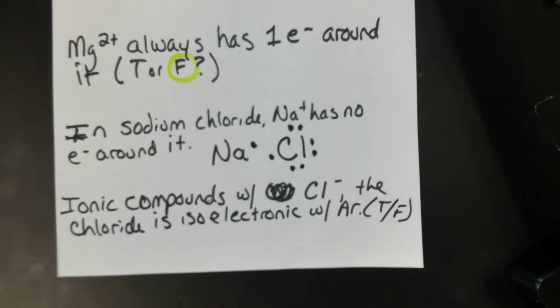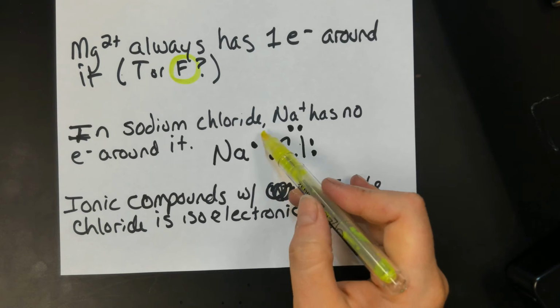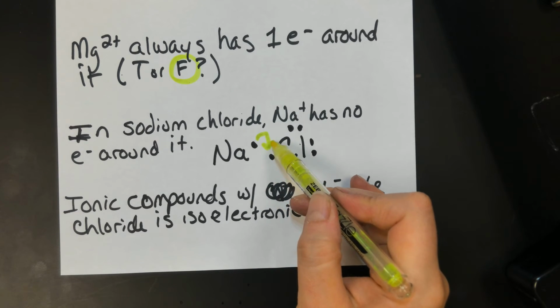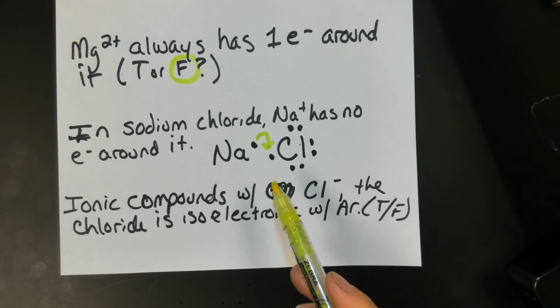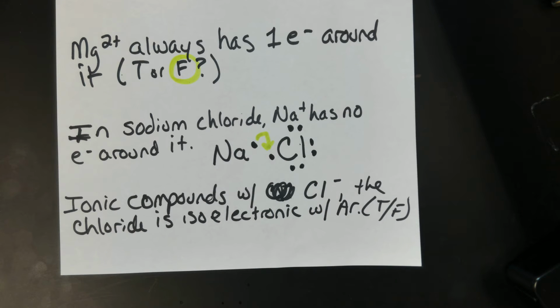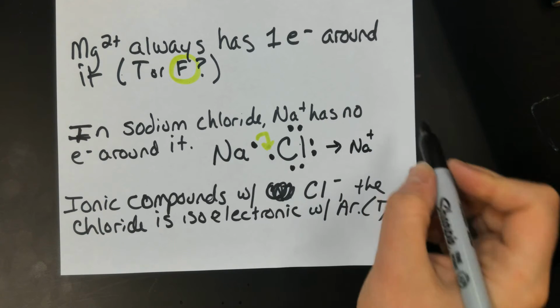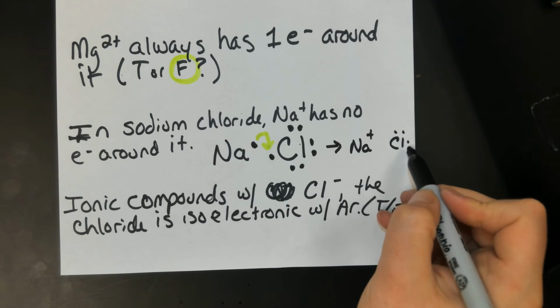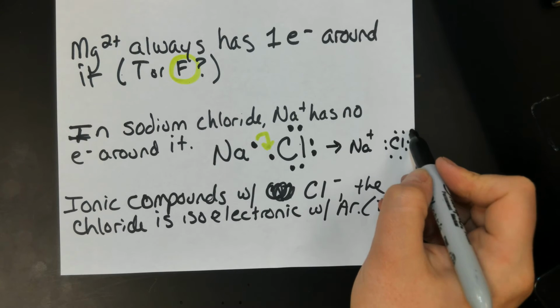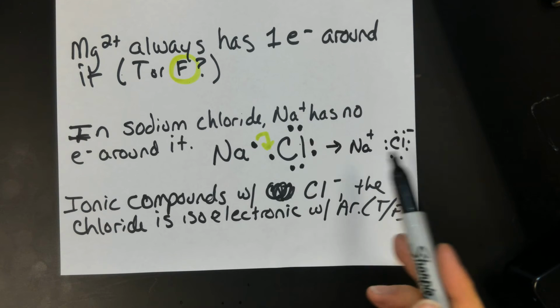So what happens is sodium 100% of the time gives its electron over to Cl, 100% of the time. And then you end up looking like Na plus and Cl with a perfect octet, right? Minus. So it's 100% of an exchange.